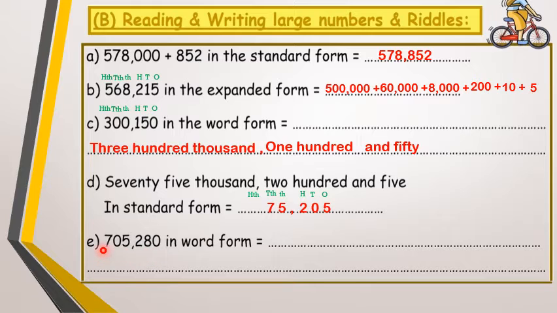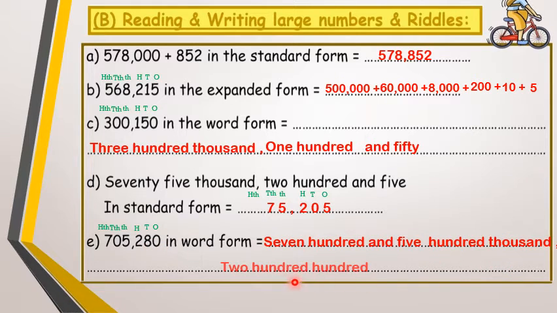I have here 705 in thousands, so 705,000, and 2 in hundreds and 8 in tens and nothing in ones, so it's 208. 80.